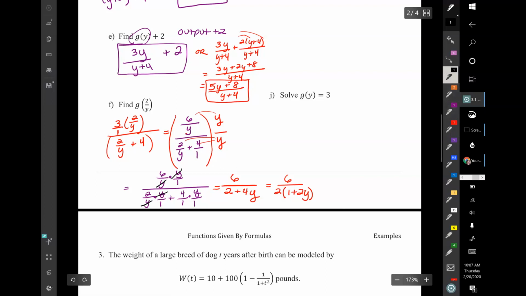Now I can reduce this: 2 goes in the denominator, goes to 1, and that would be 3 in the numerator. So that's how you properly, quote unquote, cancel, what it's often called, but it's really reducing. And then I'm left with 3 over 1 plus 2y as my final answer.